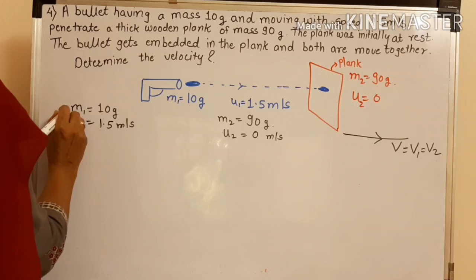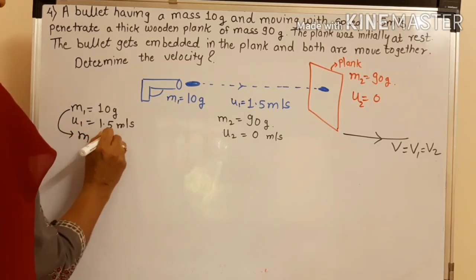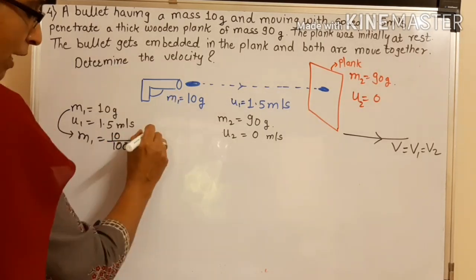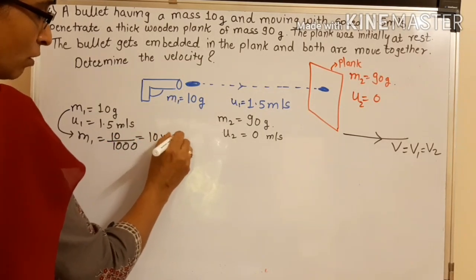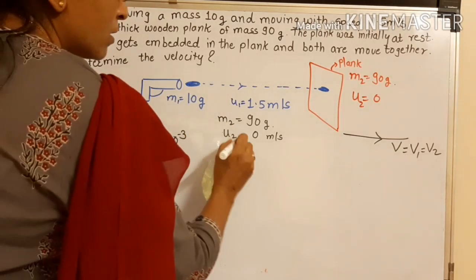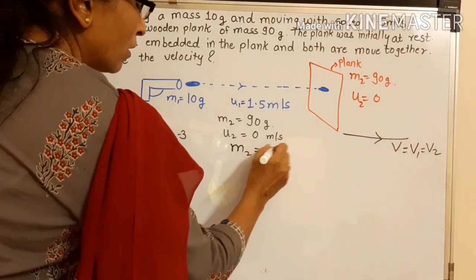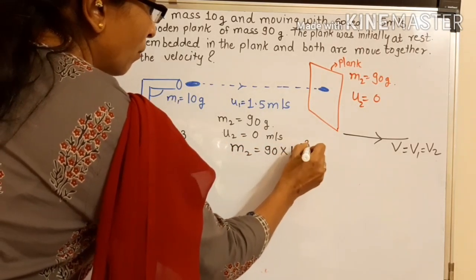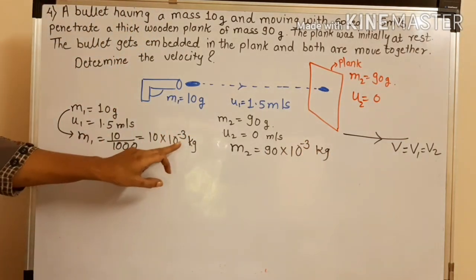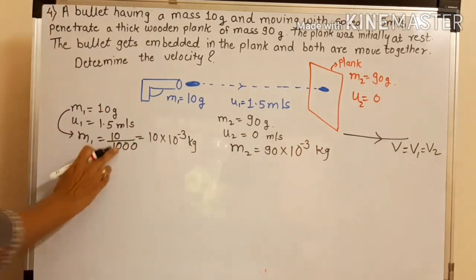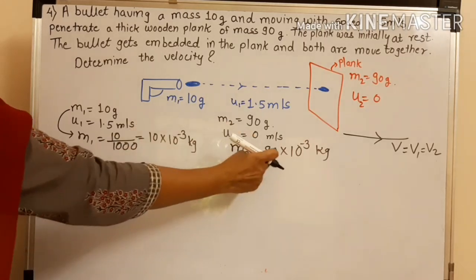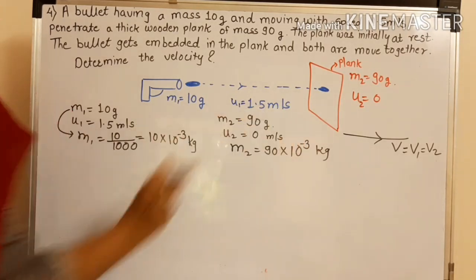For that, M1 is equal to 10 upon 1000, which is equal to 10 into 10 raised to minus 3 kg. Similarly, M2 is equal to 90 into 10 raised to minus 3 kg.